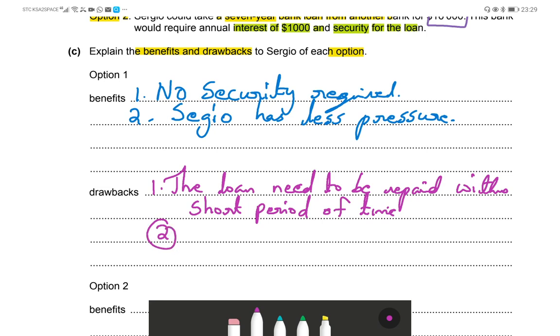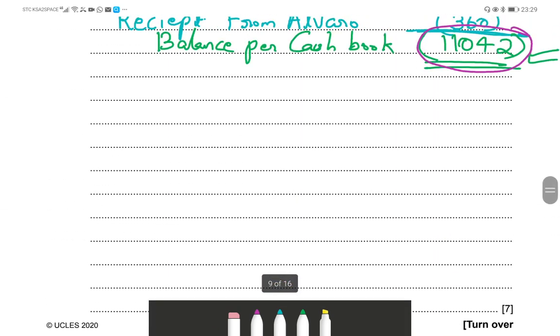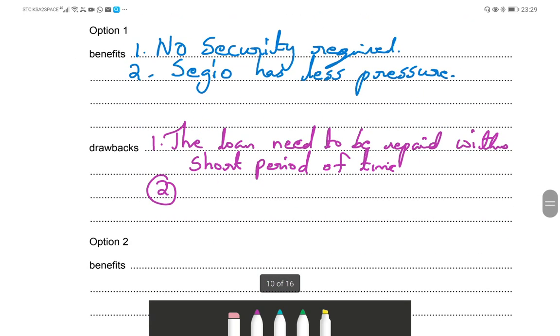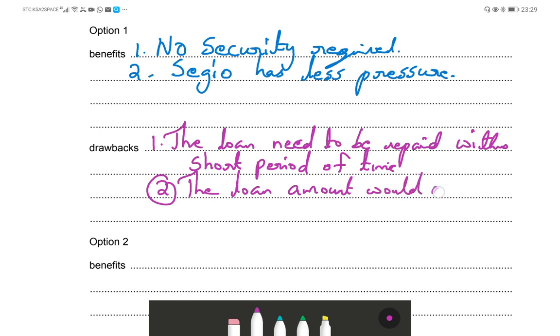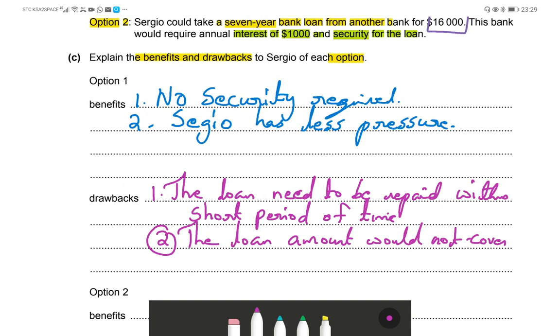Then second one, this amount would not cover repayment of the overdraft, right? Because the friend is offering only 10,000. Overdraft was 11,042. So he cannot cover the overdraft. The loan amount would not cover repayment of the overdraft, because repayment is more amount.